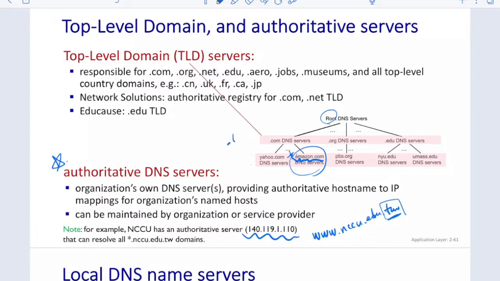So there should be TW servers in this hierarchy. Then you send a query to those servers and ask, how do I resolve .edu.tw?